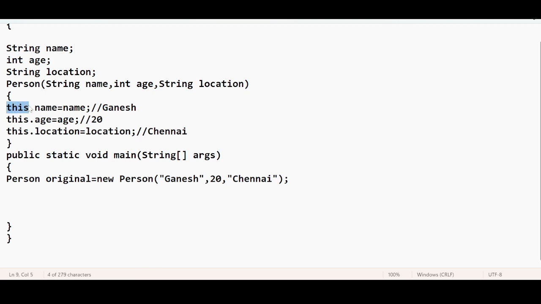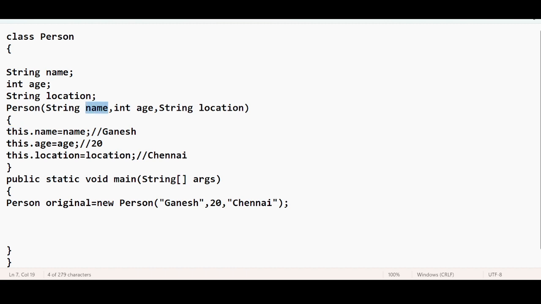When you use the this keyword, because if you observe one thing, the variable names are the same, right? Here also name, here also it is name itself, right? Age. We should be able to differentiate the values. If you are assigning Ganesh, we need to differentiate that this Ganesh has to get assigned to the instance variables. To do the distinction, we use the this keyword.